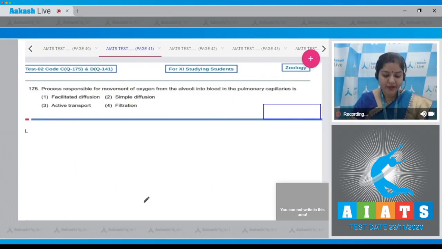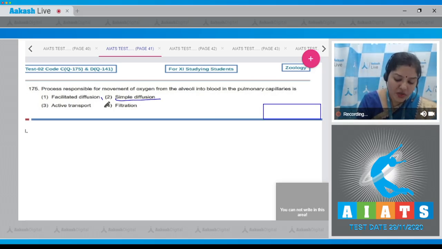Question number 175. Process responsible for movement of oxygen from alveoli into blood in the pulmonary capillaries is, and the options given are facilitated diffusion, simple diffusion, active transport, and filtration. Gases diffuse from high partial to low partial pressure by the simple process of diffusion. So correct answer to our question is option number 2.